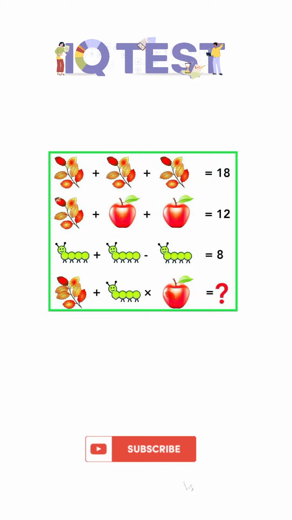Okay, so for the flower, I am getting 6. For the apple, I'm getting 3. And then for the chrysalis, or the small caterpillar over there, I am getting 8. Are we also getting the same thing?